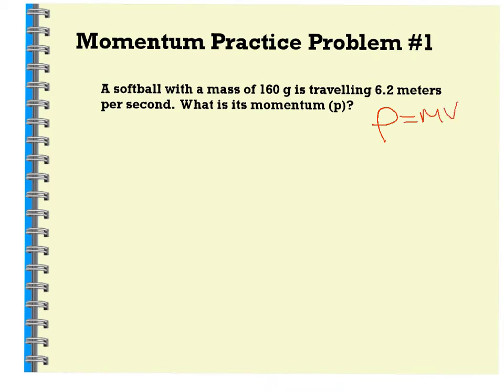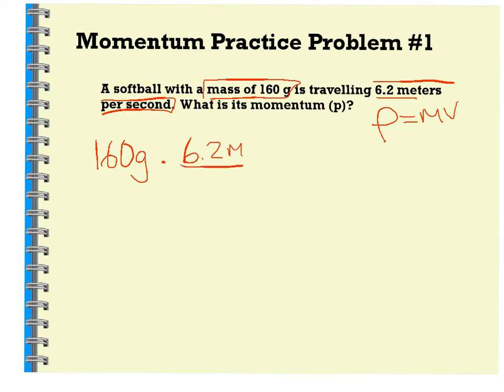A softball with a mass of 160 grams is traveling at 6.2 meters per second. What's its momentum? And that's P. Well, we have the mass, 160 grams. We have the velocity, 6.2 meters per second. But we do not have momentum yet because we have to convert grams to kilograms.